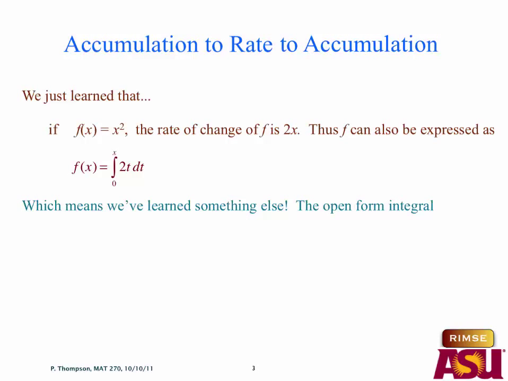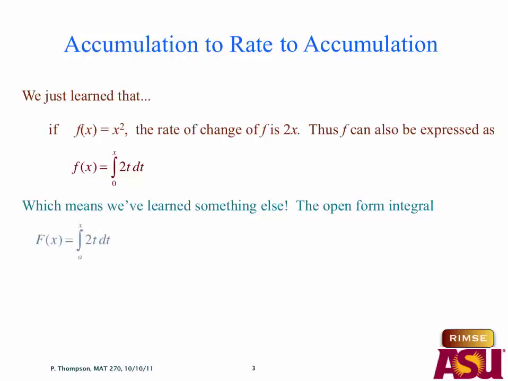Okay, so this means we've learned something else. By learning that the rate of change of f is 2x when the accumulation is x squared, what happened? We just learned something else. We learned that this open form accumulation function can be written in closed form as what function?